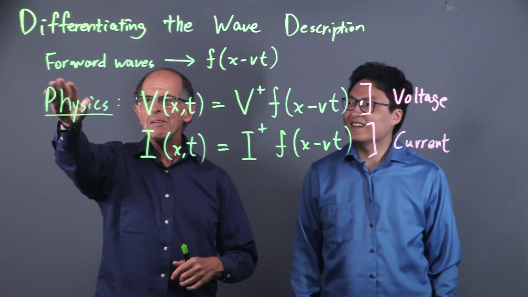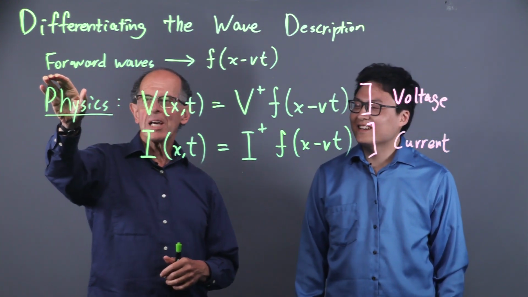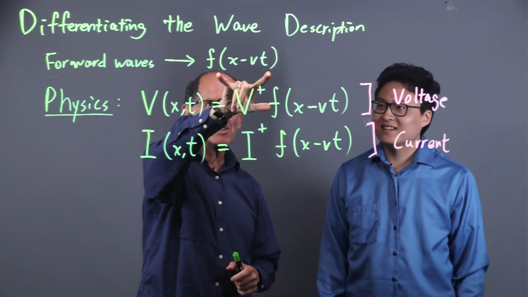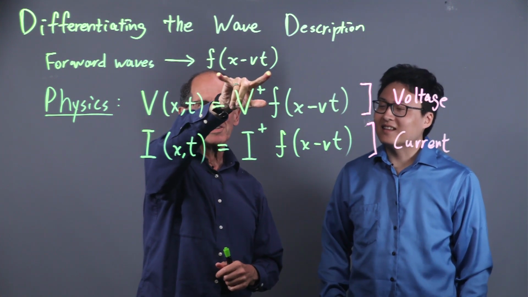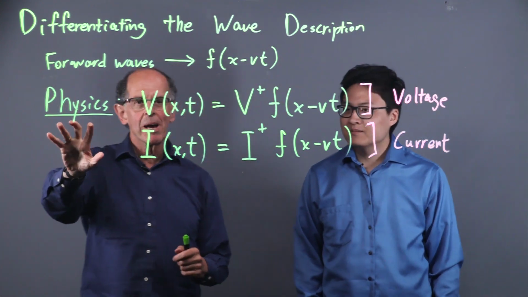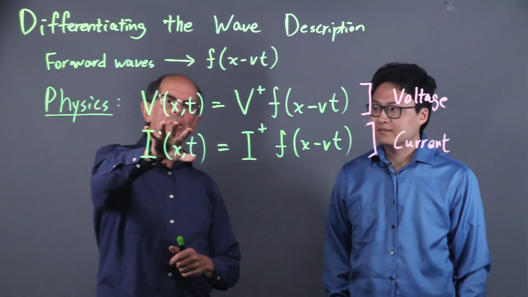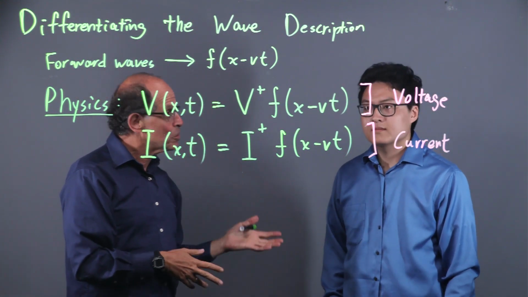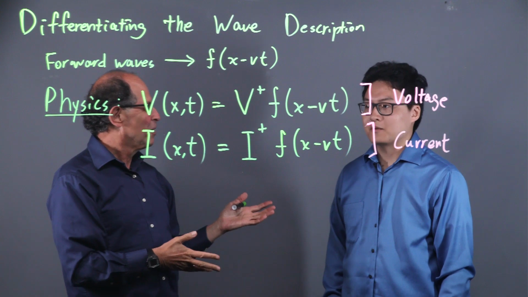So in previous videos, we've established the idea that a forward wave can be represented by a function written like this, f of x minus vt. But let's leave the math aside and get back to physics. When we have a transmission line, we have voltage with the units of volts.